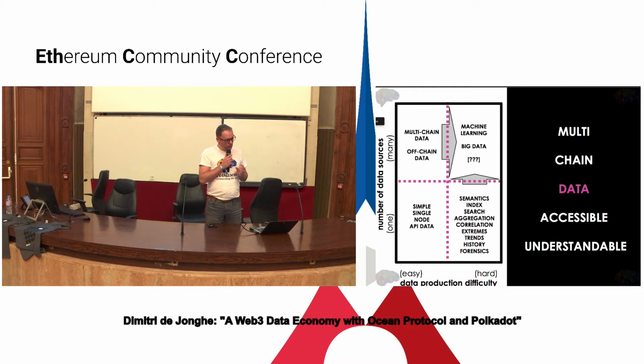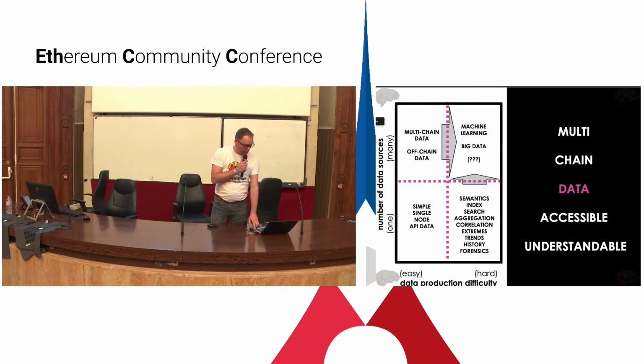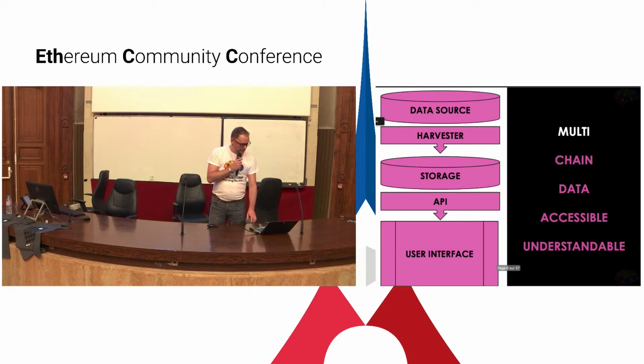With Polka we try to do all that stuff that's on the right-hand side, and we try to do that not only for a single chain, but for multiple chains as well. Basically, the model of our block explorer is you have a data source, such as a node, which has an API.